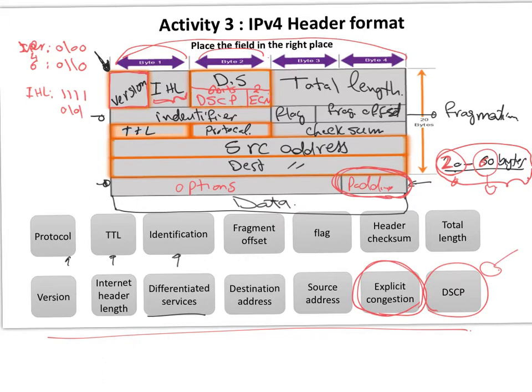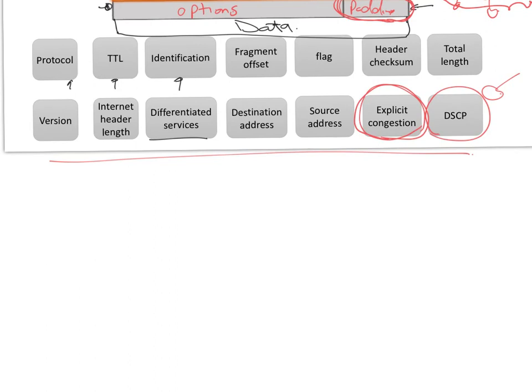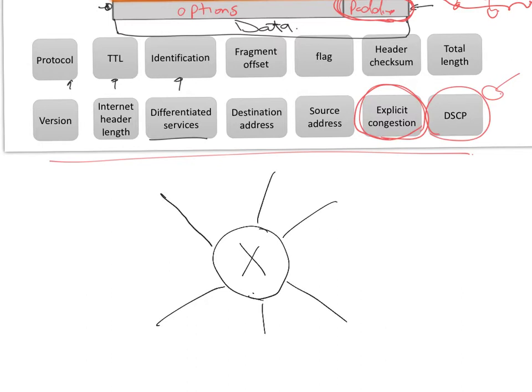Explicit congestion notification indicates whether or not the router or the network layer is in the state of congestion. What does that mean? As we said before, the router is like an intersection or a roundabout, which is actually used to do packet forwarding from one input port to one output port.